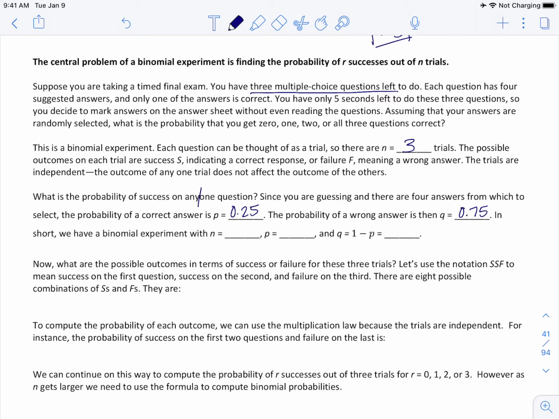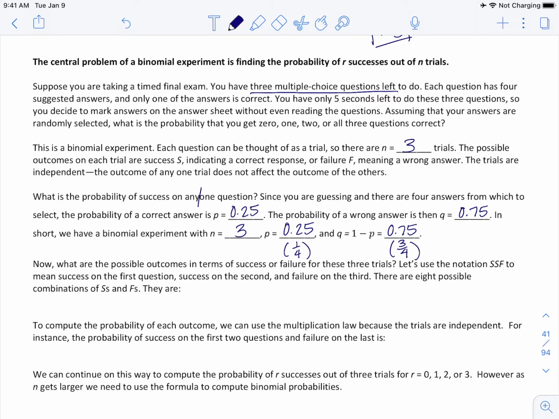In short, we have a binomial experiment with n equals 3, P equals 0.25, and Q, which equals 1 minus P, is equal to 0.75. Again, there are 4 answers, so this P comes from 1/4, and this Q, or 1 minus P, is 3/4.